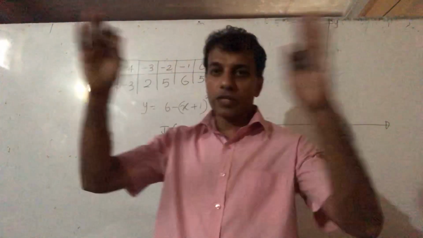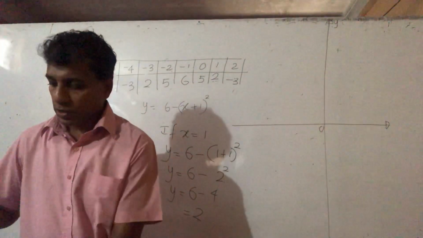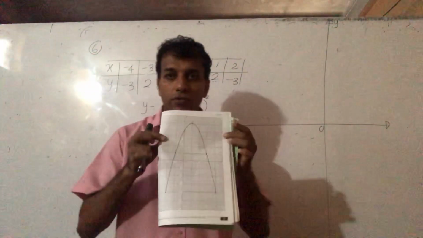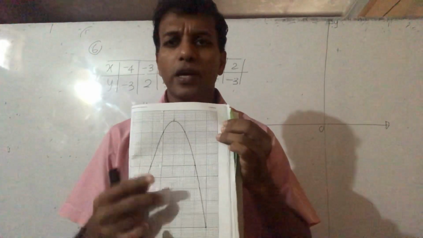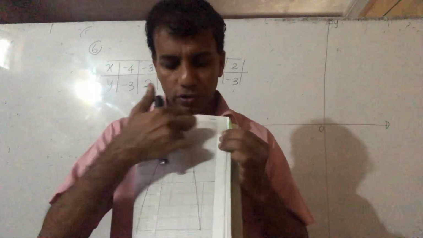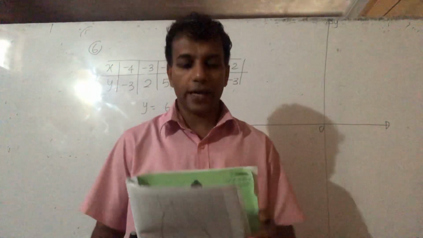Always draw a large graph; take a full sheet. Can you see the graph? You see the full sheet. Don't draw small graphs, or there are no marks. Take the full A4 graph sheet and draw the graph on a large scale.